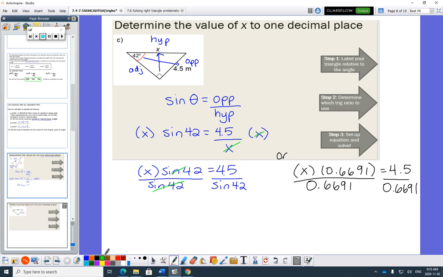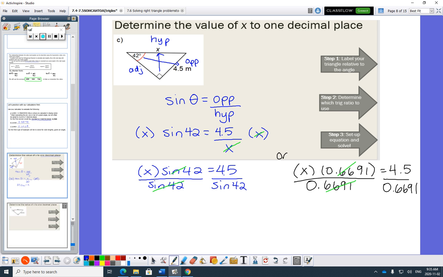Okay, so if you are, again, the kind of person like this, I haven't even typed in my calculator yet, whereas here I've done it, now I'm going to have to do it again because your calculator will handle this. You can do 4.5 divided by sine 42, push equals, and you'll get your answer, okay? So this requires less calculator work.